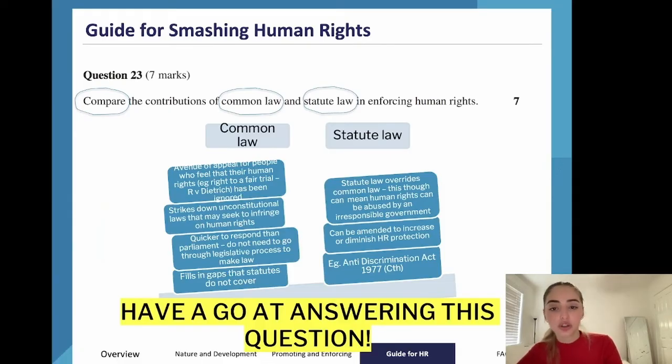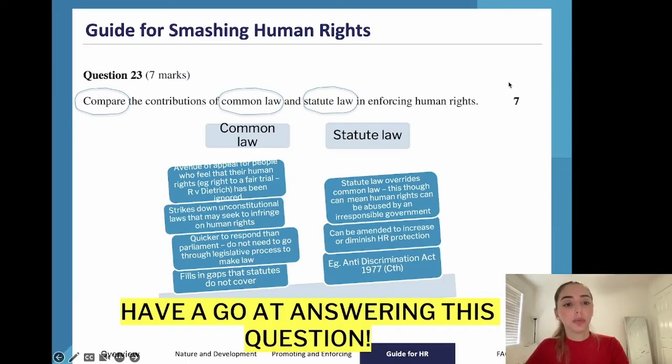Okay, compare the contributions of common law and statute law in enforcing human rights. Well, common law, it's an avenue of appeal for people who feel that their human rights have been ignored, whereas statute law overrides common law. This, though, can mean human rights can be abused by an irresponsible government. And I'm not going to go through all of these, but effectively to compare is to draw the similarities and differences, okay, which is what we're doing here.